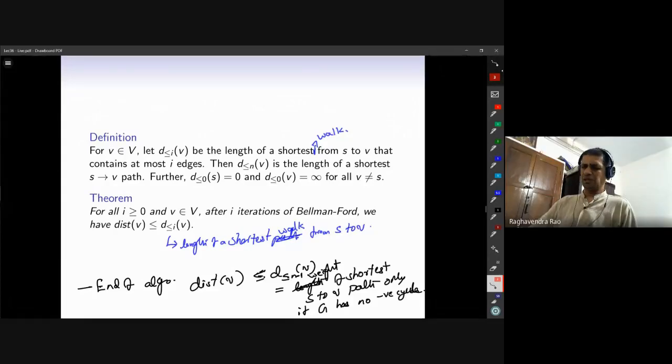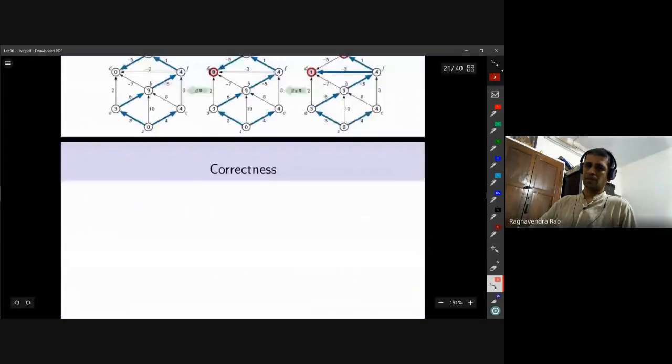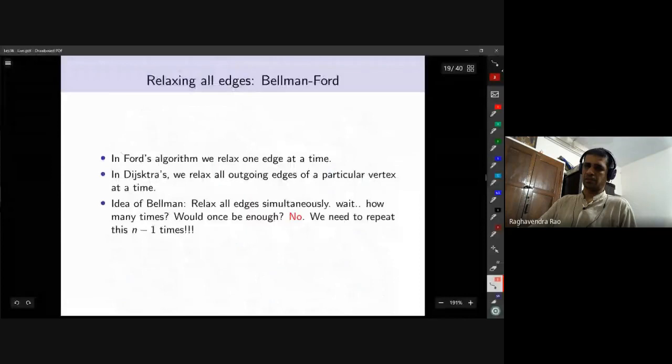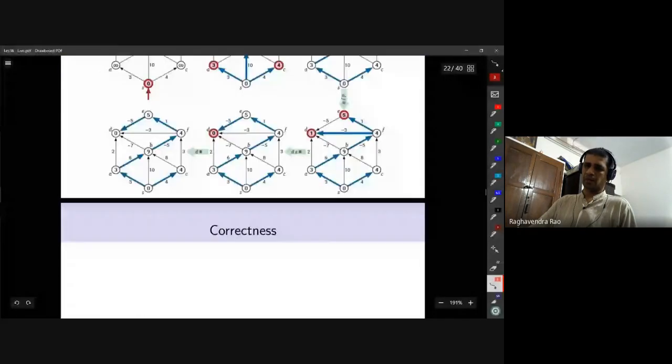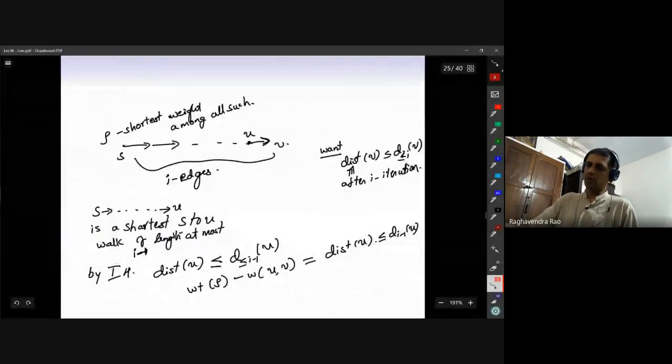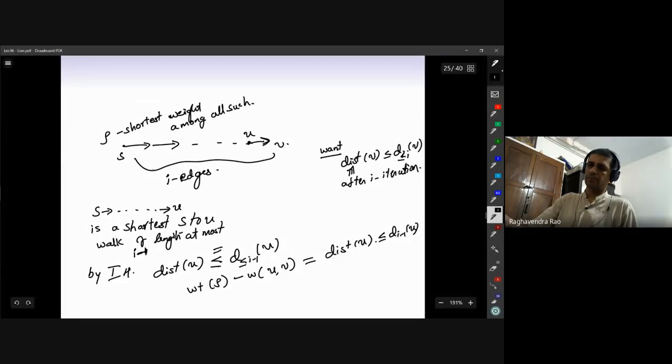No, even without a negative weight cycle, I think this will hold with equality is what I believe. Because for the proof, if you assume this is equal, then I will have equality for V as well, right?